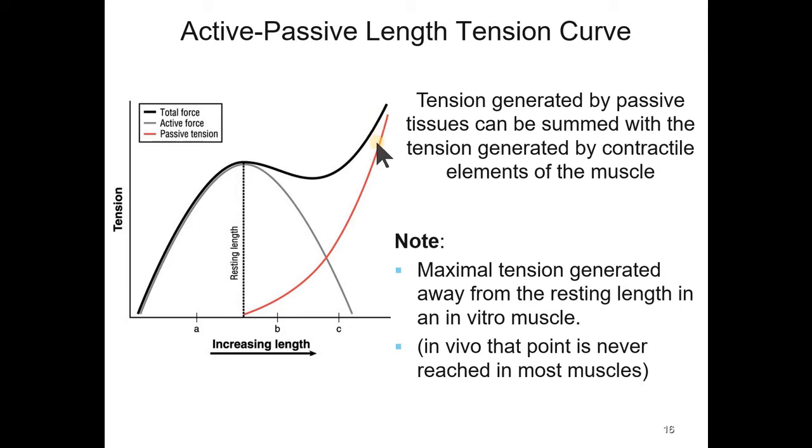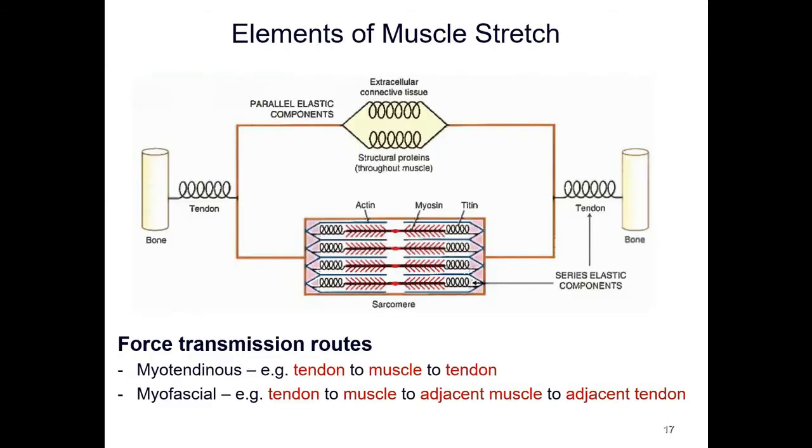Something to bear in mind when you're looking at this data is that in vivo, when the muscle is actually acting in the body, these lengths are rarely experienced. So these tensions are very rarely created.